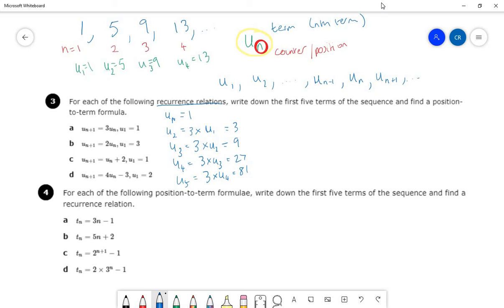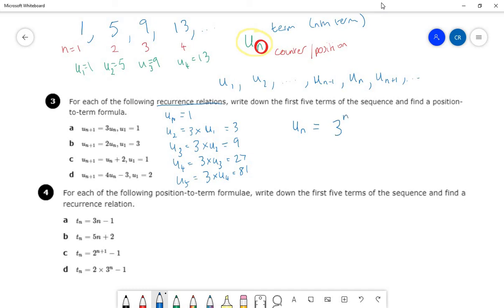And then the second part of this question is find a position to term formula. That's what you're used to from GCSE. So for a position to term formula, we need to have the nth term. So un is equal to something to do with n, which is the position. Hopefully you can see these are all powers of 3, so it's going to be 3 to the power of n.